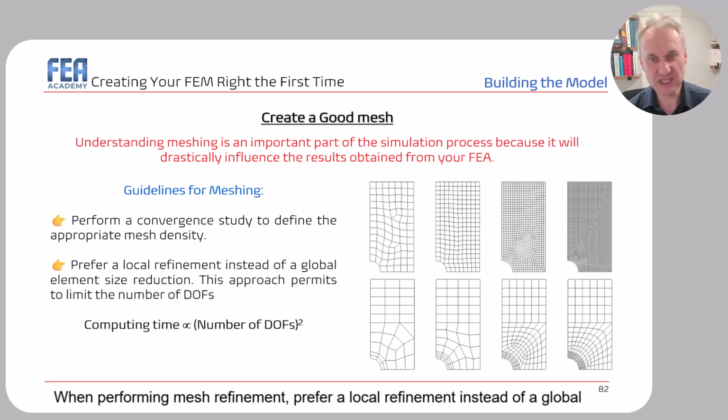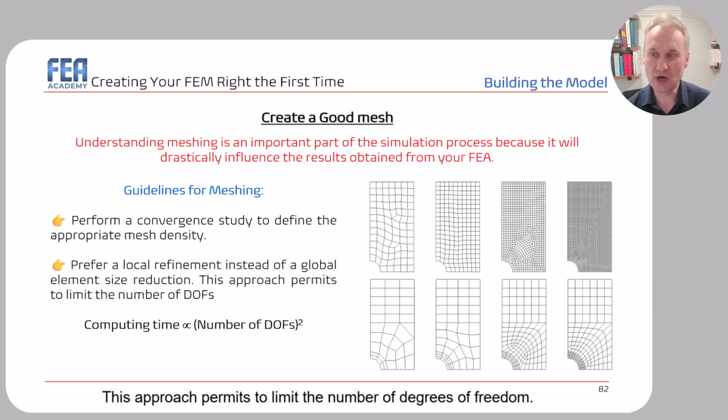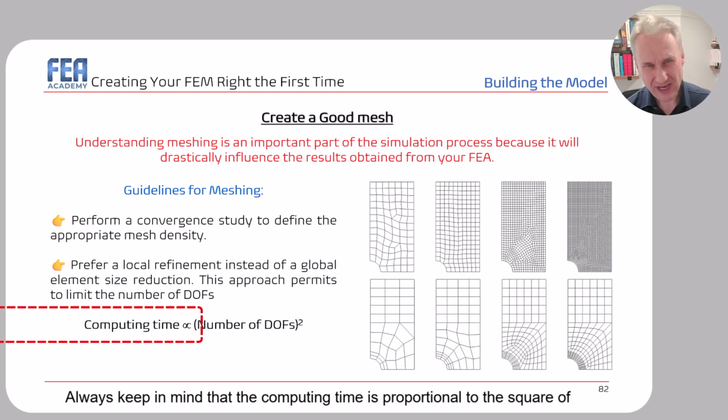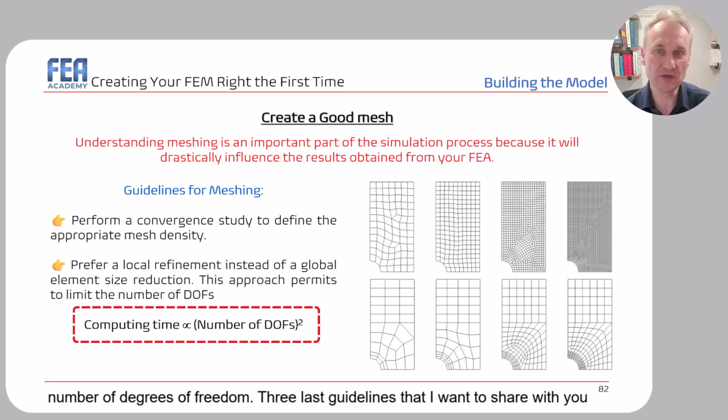When performing mesh refinement, prefer a local refinement instead of a global element size reduction. This approach permits limiting the number of degrees of freedom. Always keep in mind that the computing time is proportional to the square of the number of degrees of freedom.